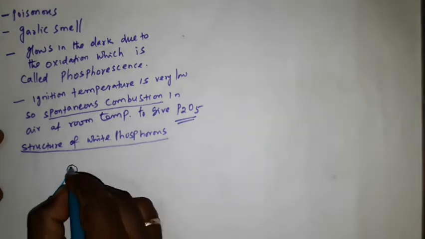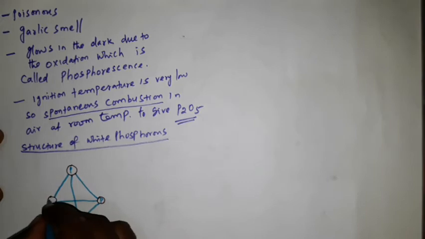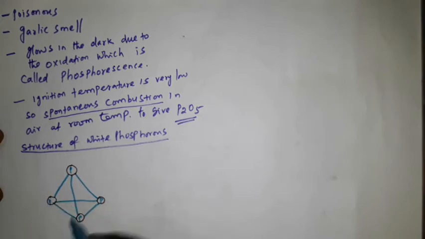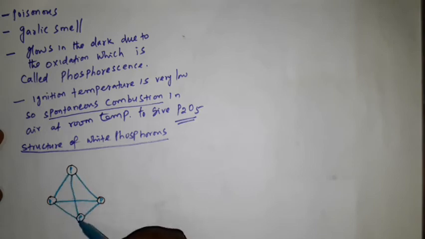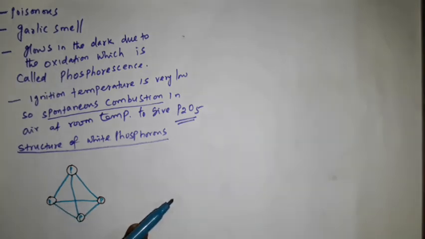So this is phosphorus. So there are 4 phosphorus atoms. It has a tetrahedral structure. See here, one bond between this phosphorus, one bond here, and here one bond, here one bond. Okay. So this is the structure of white phosphorus.